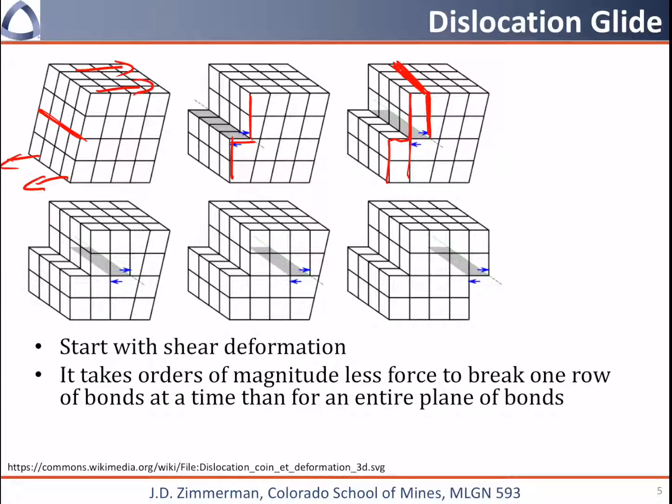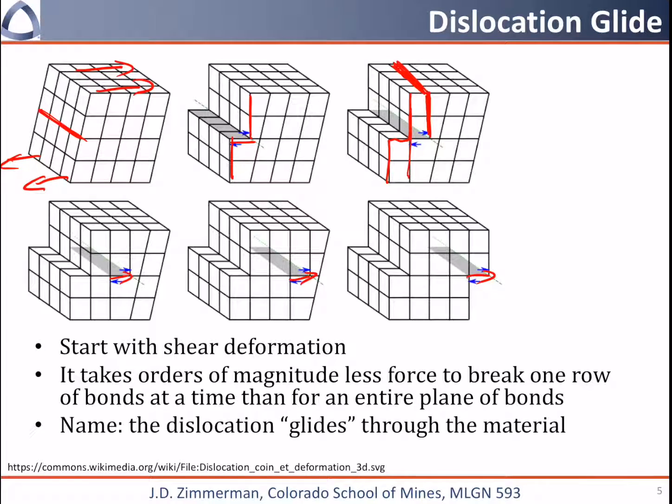So this looks like our dislocation. If we continue to apply shear force to this material, this dislocation will continue to move. So it moves over one more step here, another step here, and then finally it exits the crystal over here.